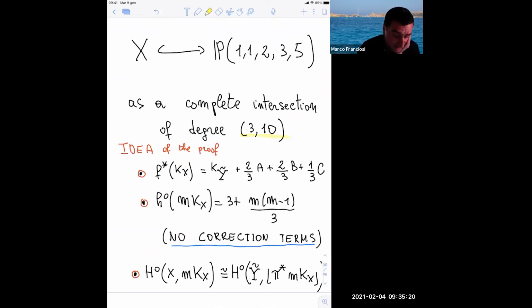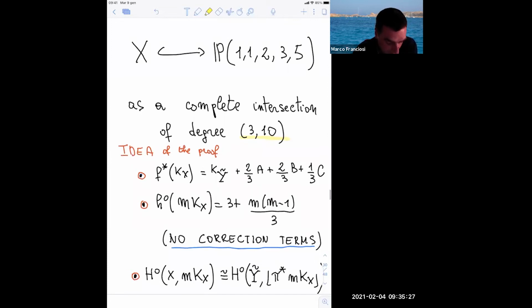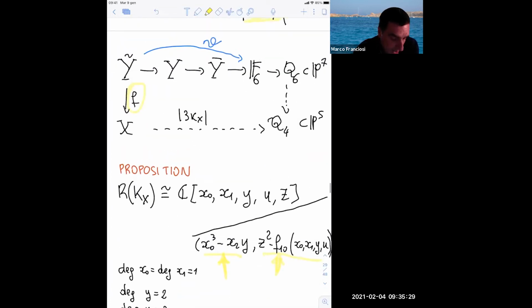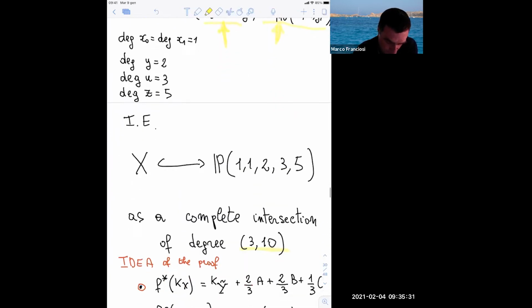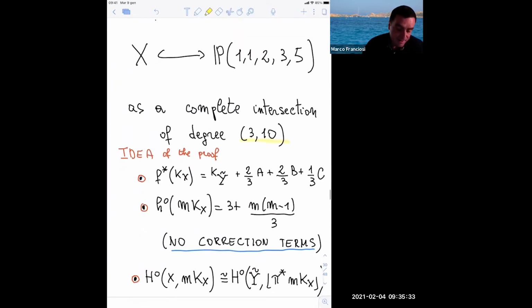The idea of the proof is the following. We have the pullback of K_X onto Y tilde, and this is the following: K_Y tilde plus 2/3 A plus 2/3 B plus 1/3 C.